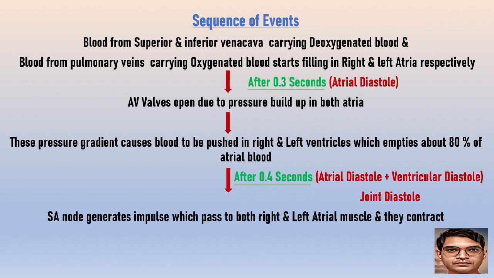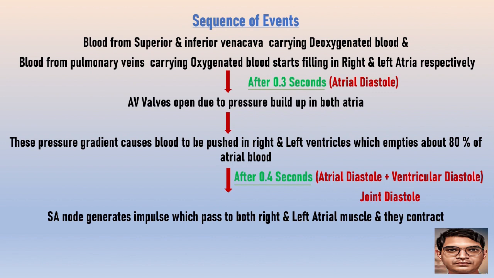Opening of atrioventricular valve causes this pressure gradient to push the blood into the right and left ventricles from right and left atria, and this pressure gradient empties about 80% of atrial blood into the ventricles.